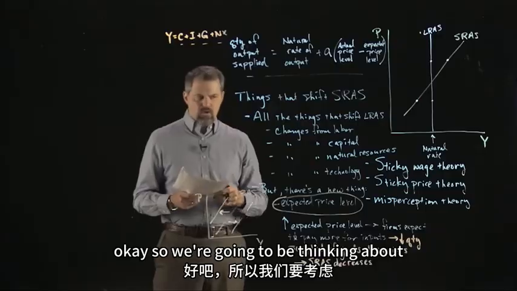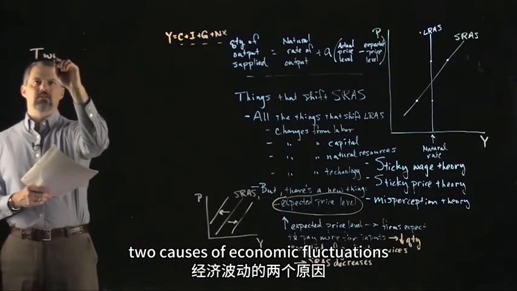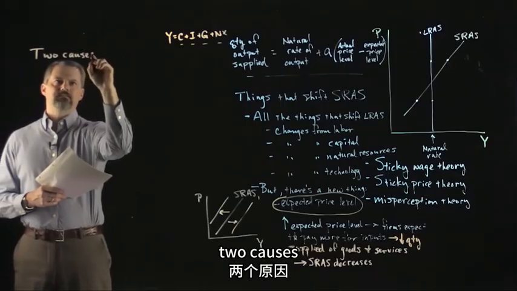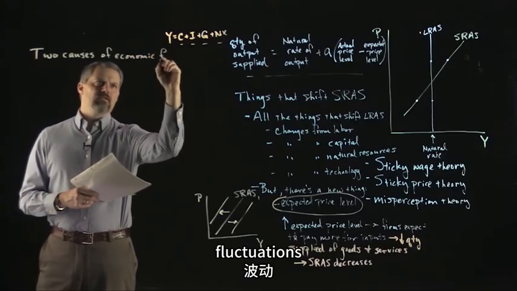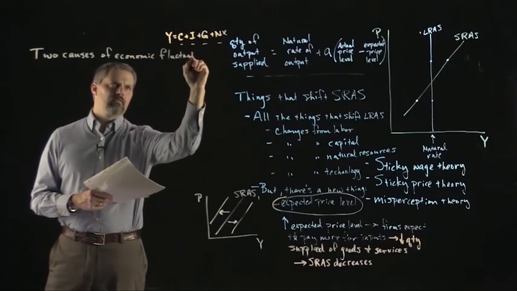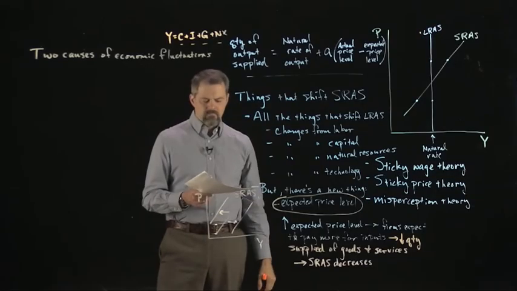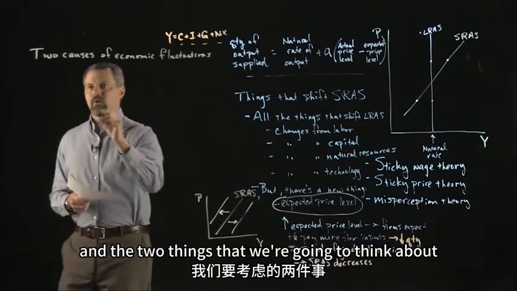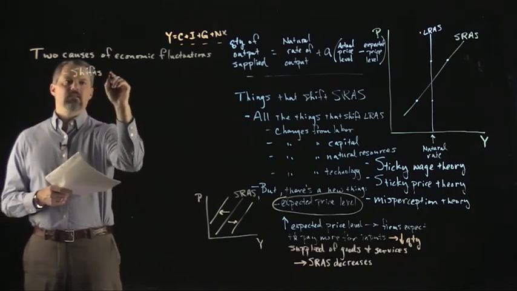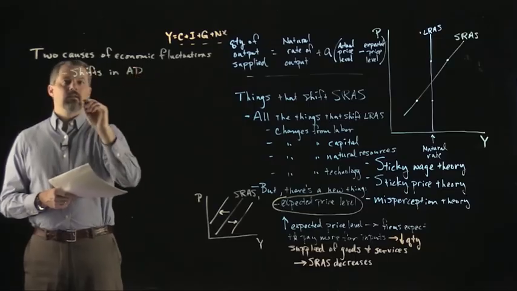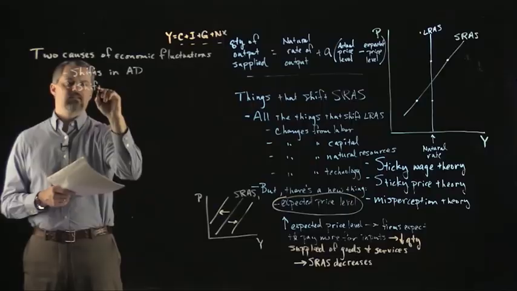Okay, so we're going to be thinking about two causes of economic fluctuations. The two things that we're going to think about are shifts in aggregate demand and shifts in aggregate supply.